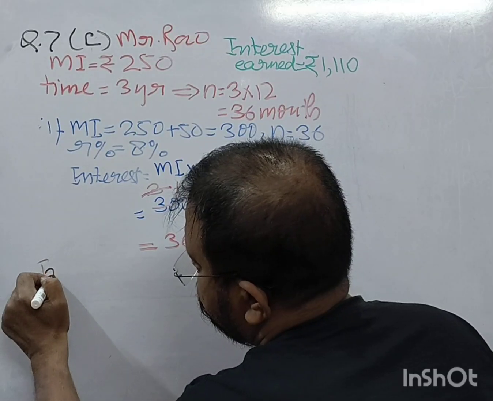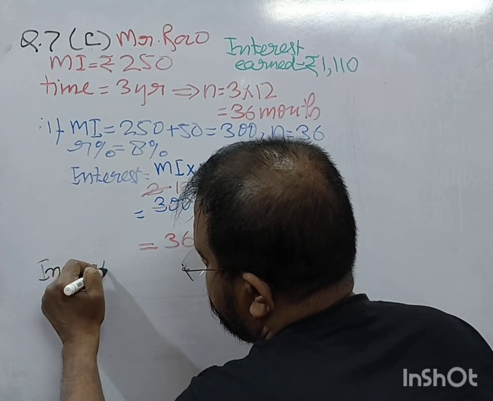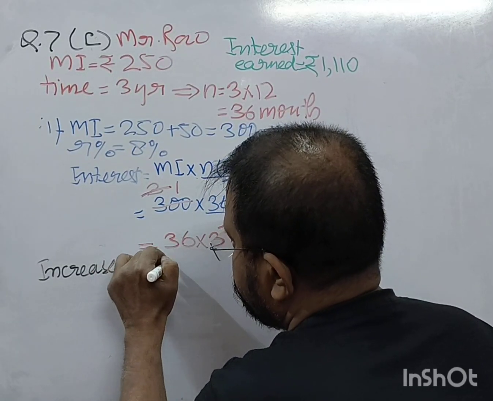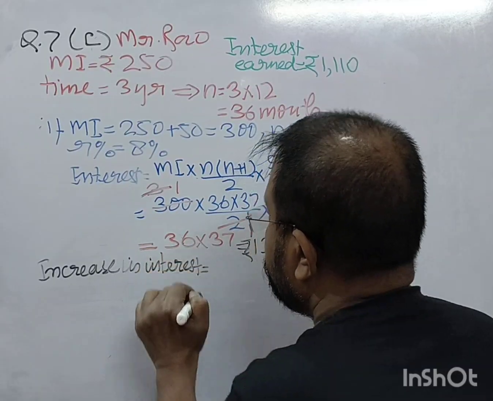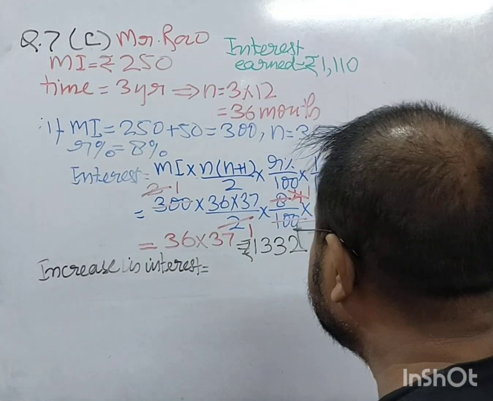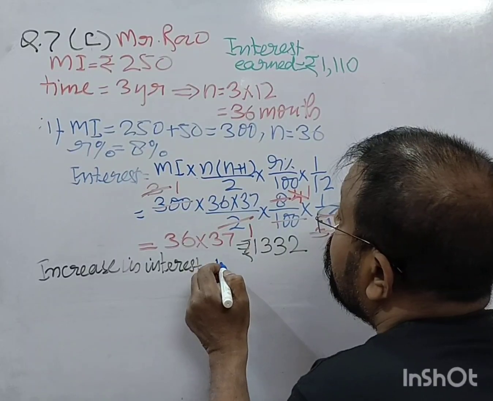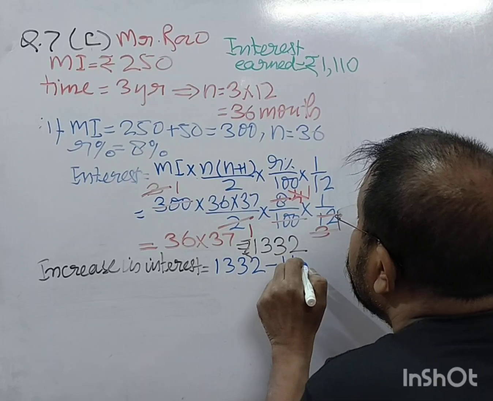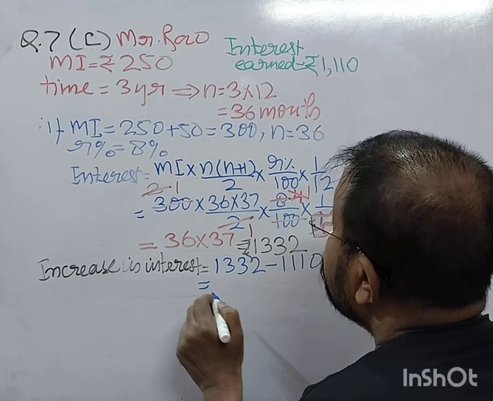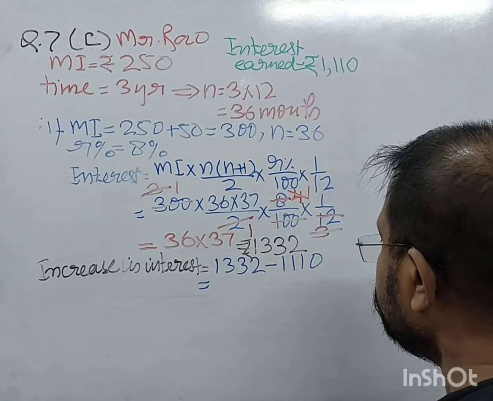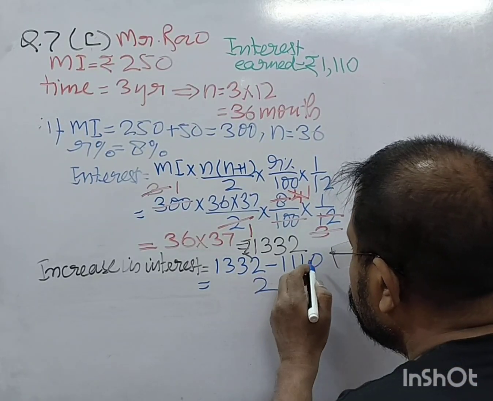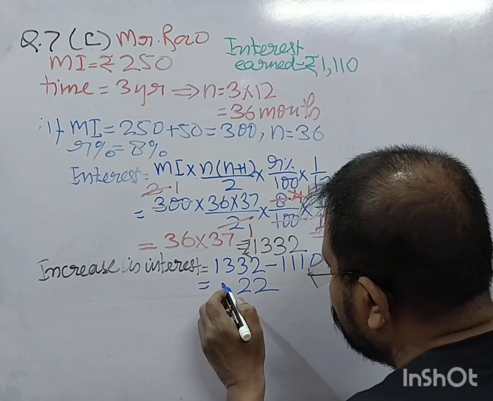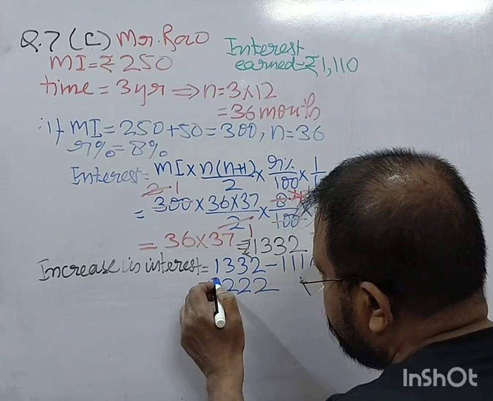So increase in interest is equal to 1332 minus 1110. It becomes 222 rupees.